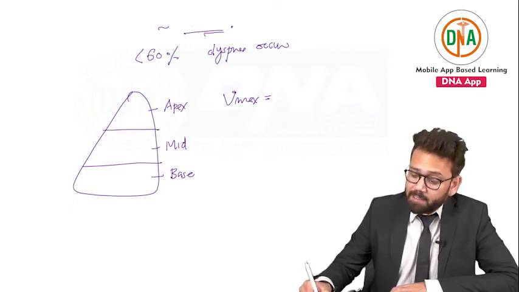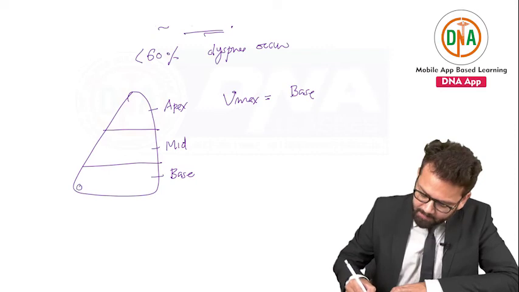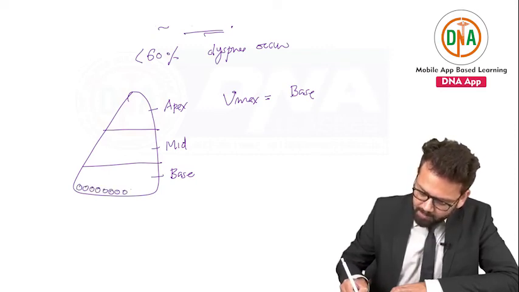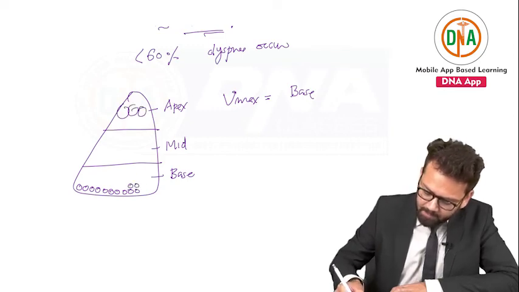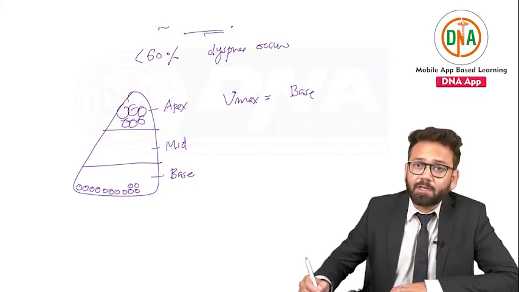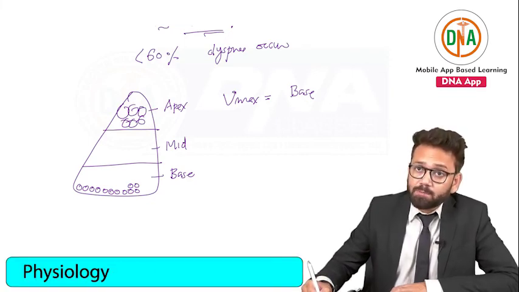Ventilation is maximum at the base. Why? Because alveoli are not bigger, they are smaller. The smaller the alveoli, the more the ventilation. And at the apex the alveoli are bigger. So ventilation is maximum at the base because alveoli are smaller.